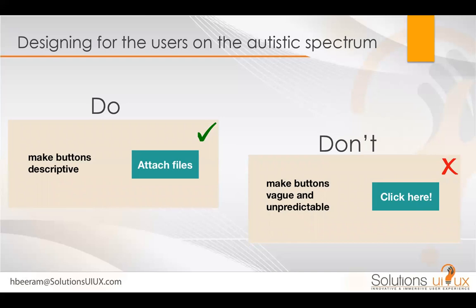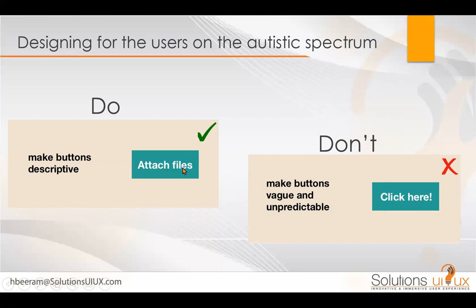Then, making the buttons descriptive, right? Buttons like attach files or images, submit, search are very action-oriented words. This is very descriptive and precise. However, something like click here, or read more, though read more is probably fine, doesn't work, because they don't know that click here attaches an image.